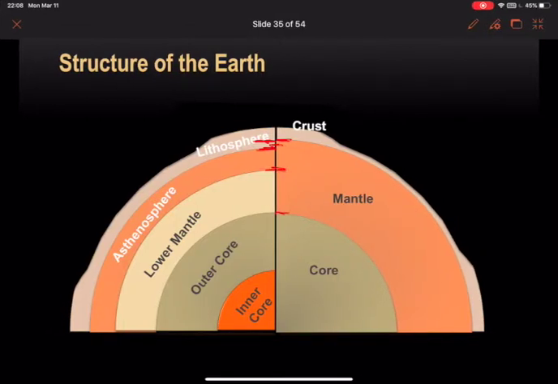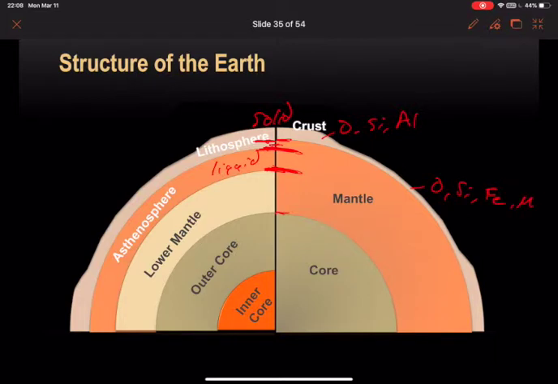Then the next layer is all made out of mantle. The asthenosphere is made out of mantle, and it's acting like a liquid plastic. Up here we've got a solid. And remember, this is oxygen, silicon, and aluminum. This here is the oceanic crust. It's oxygen, silicon, iron, and magnesium.